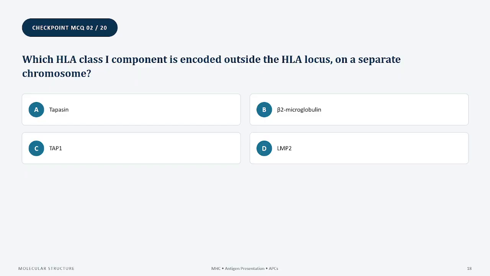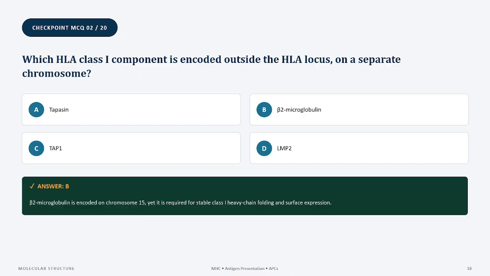Very good. Yes. So beta 2 microglobulin is encoded on chromosome 15, yet it is required for stable class 1 heavy chain folding and the surface expression.